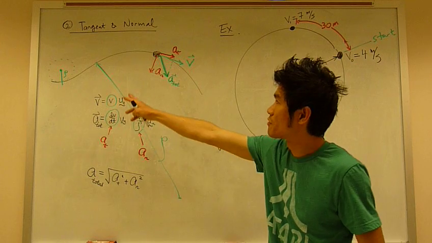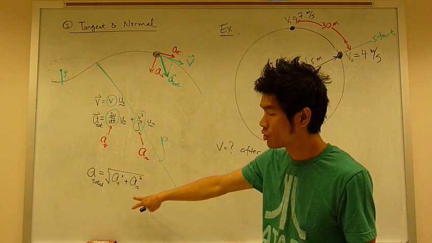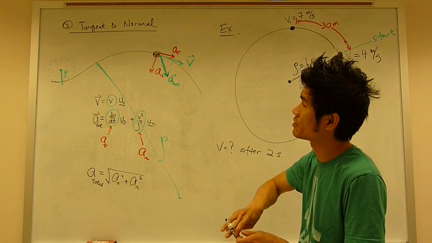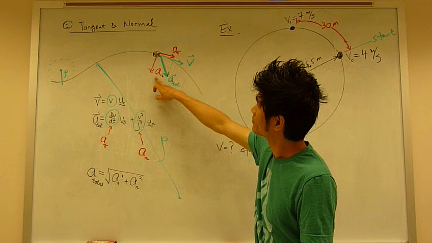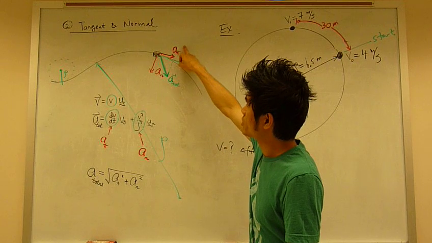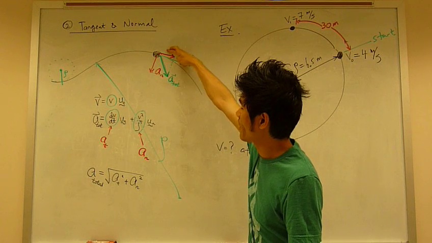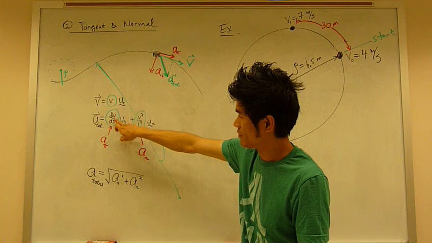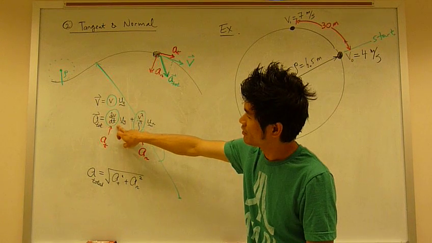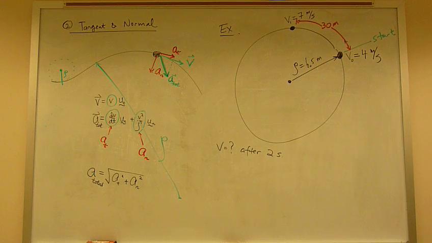Looking back, for a tangent normal coordinate system, there are always 2 components of acceleration: tangential and normal. This tangential component is always tangent to the path and is related to velocity. It's the derivative of velocity.